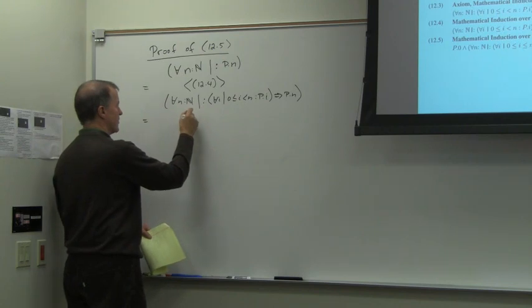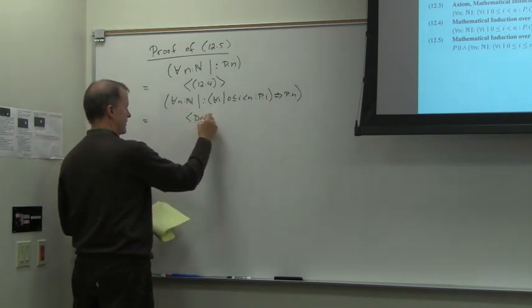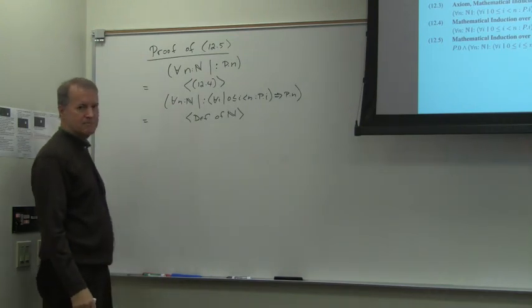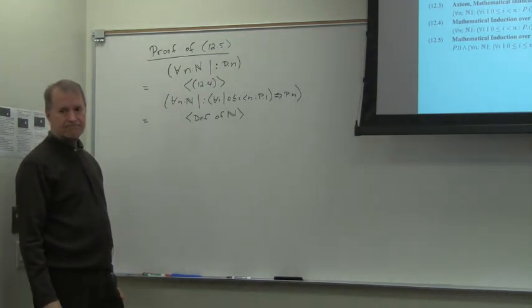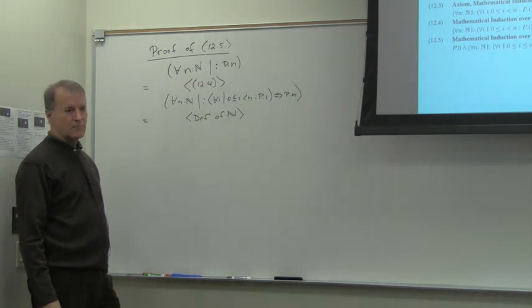This equals, we're going to rewrite this slightly, by definition of the natural number type. Do you remember what the definition of the natural number type is? 0, 1, 2, and so on. Correct.